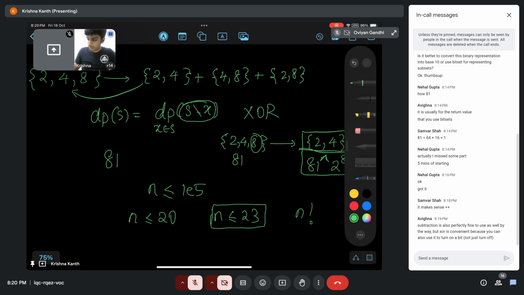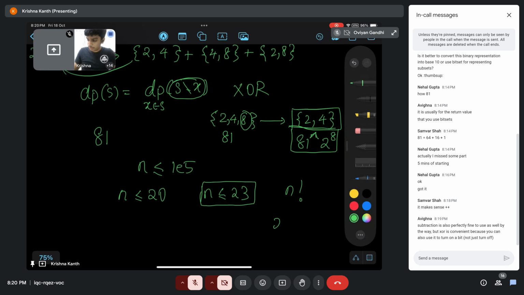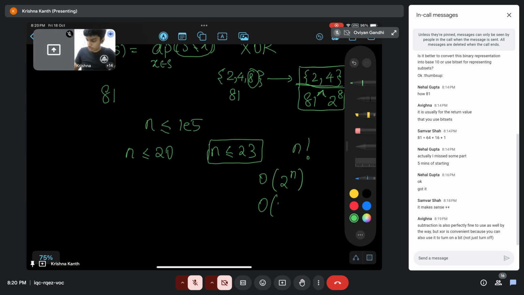N factorial would TLE, but it is just enough to pass something like O of 2 to the power n, or O of 2 to the power n times n. So these would pass. And this generally uses some sort of bit masking or bitmask DP, a brute force. And this normally shows up in almost every problem, especially where it's a dynamic programming problem. We don't normally have a subtask like this. So knowing bitmask can help you gain points, especially in ZCO or INOI. So bitmask DP is very helpful to know.